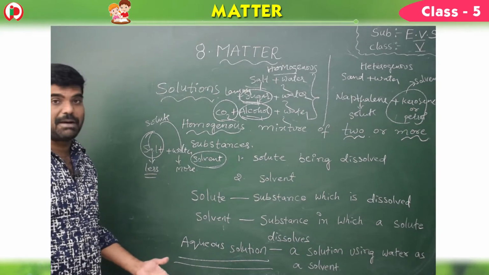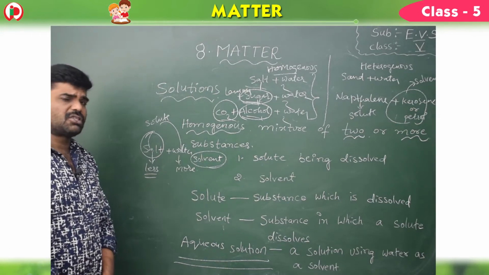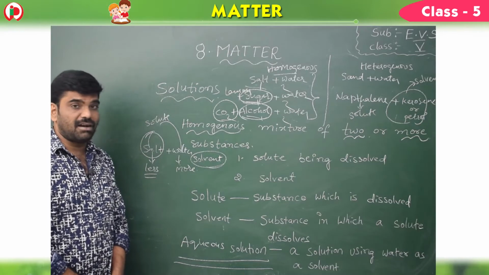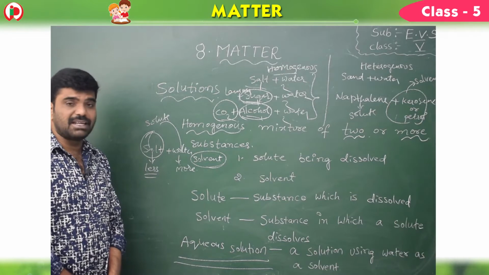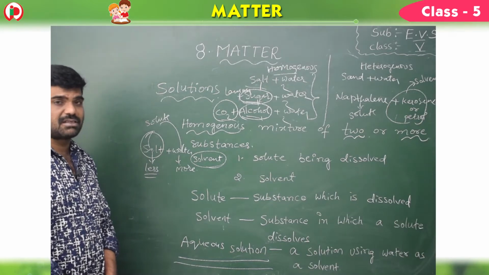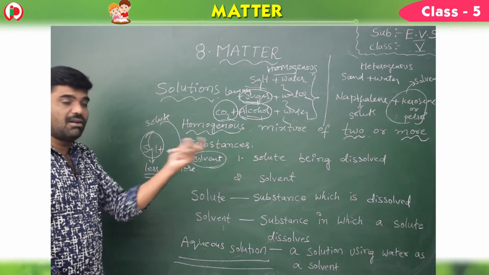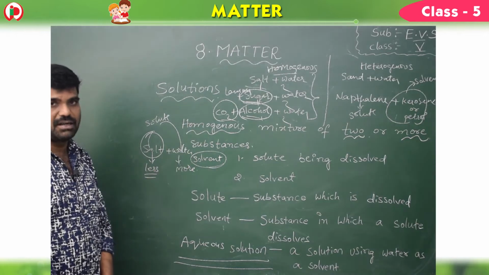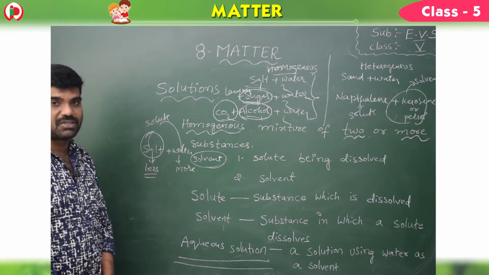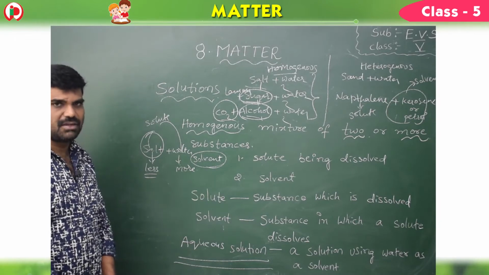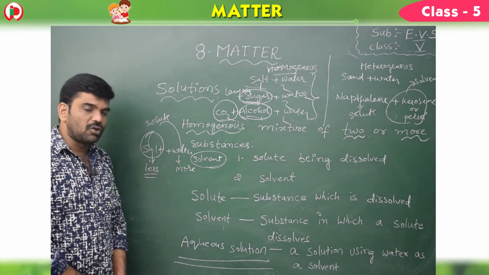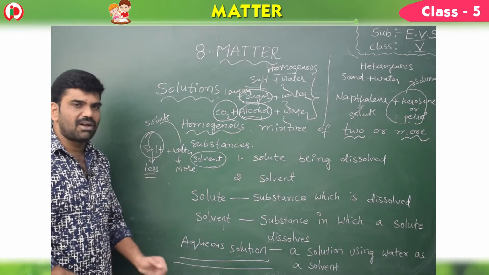Because it has the capacity to dissolve almost all the substances, but not in all cases. Some special cases are also there. Naphthalene is a substance which won't dissolve in water. It dissolves in kerosene or petrol. In that case, water is not used there. So a solution using water as a solvent is called an aqueous solution.